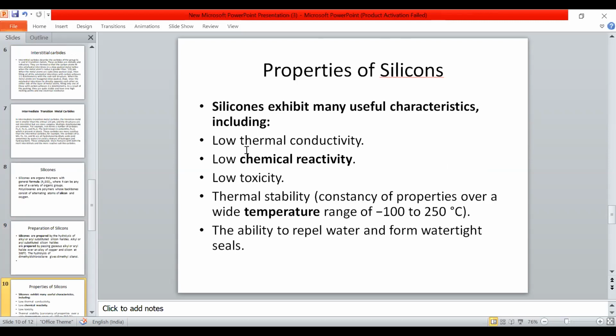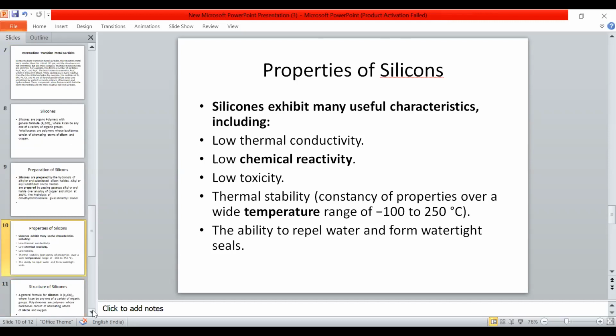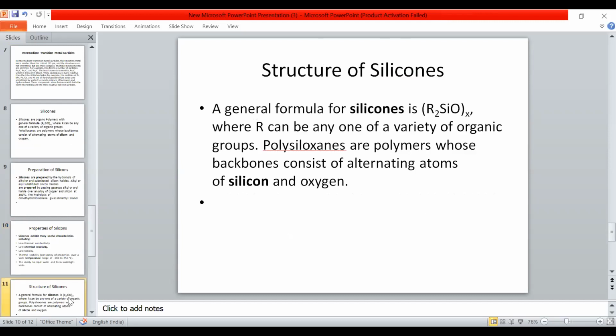That means they are not sensitive to heat, not sensitive to chemical reaction. They do not show toxicity and they are thermally stable. They have the ability to repel water. Then in water sealings, silicones are used.